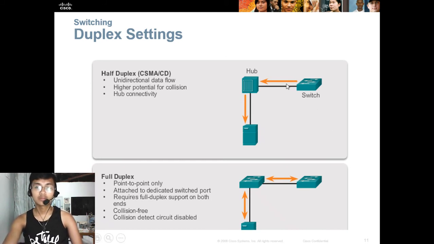So in the image we can see that the switch is sending something to the server from the hub. So just go straight in. If the server also wants to reply to the switch, then it has to wait until the switch finishes, and only then can the server send. It is kind of a setback.